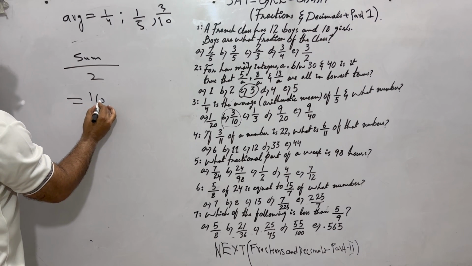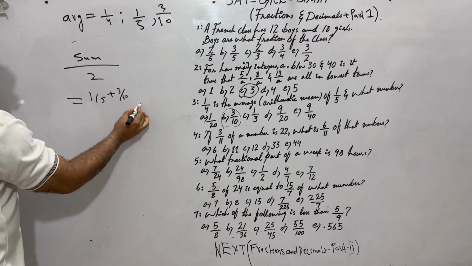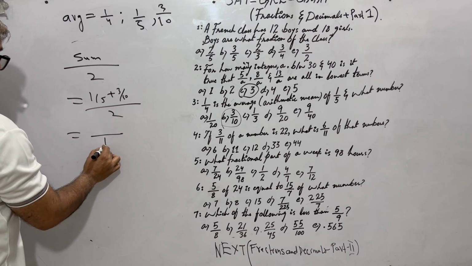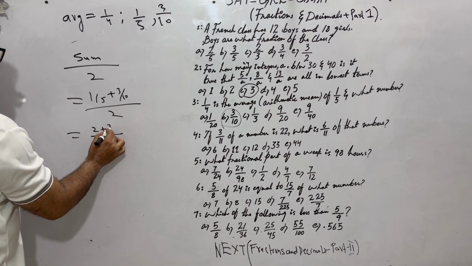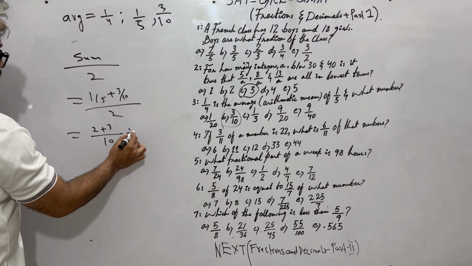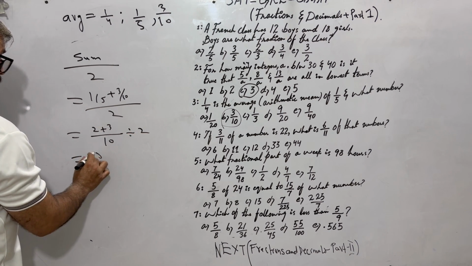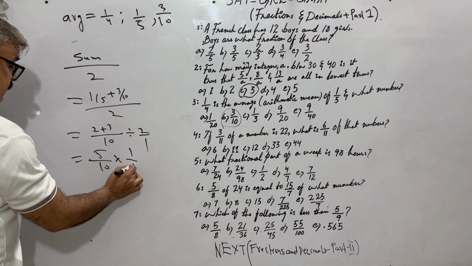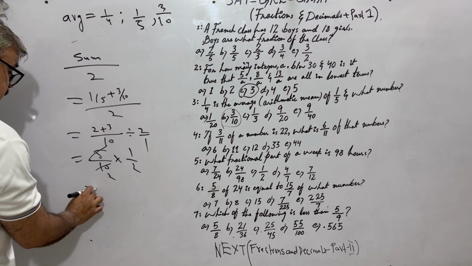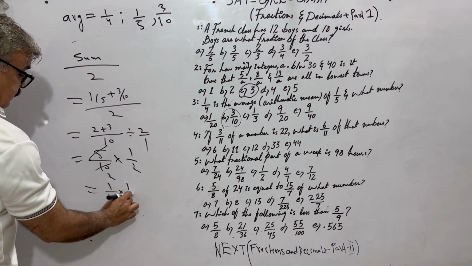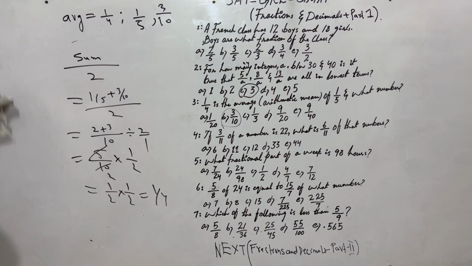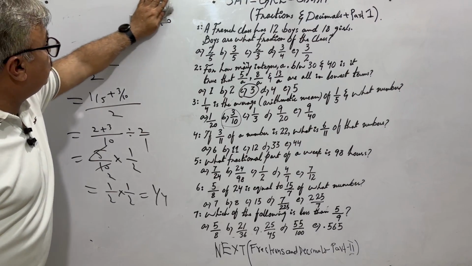The sum, 1 over 5 plus 3 over 10, divided by 2. LCM is 10, here it will become 2 plus 3, divided by 2, 5 over 10. Convert this division into multiplication, 1 over 2 times 1 over 2. It will become 1 over 4. We are good with it.